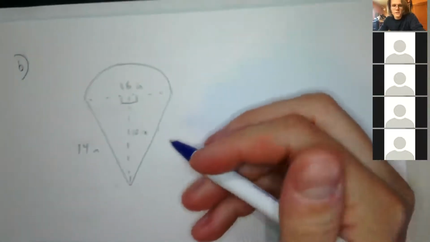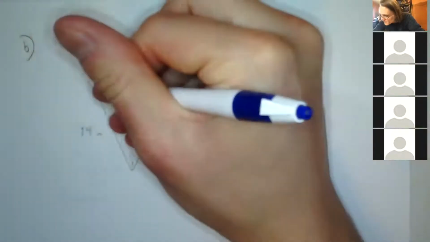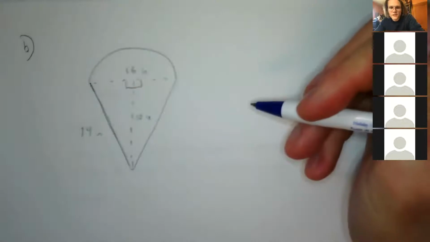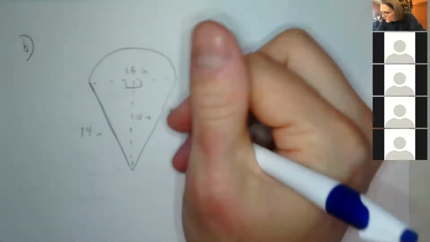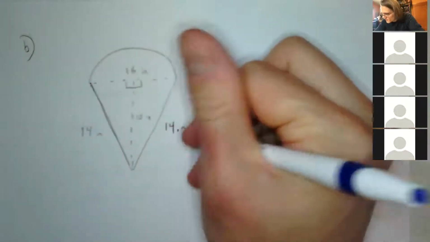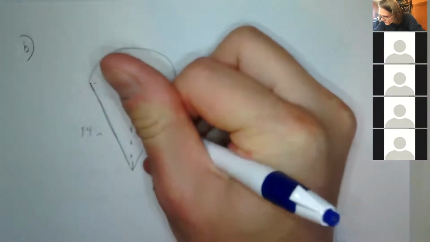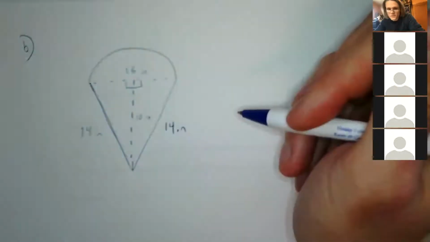And again, I think I'll just do B here. So it's a lovely ice cream cone. This side is 14. And we'll say it's symmetric. So this side, even though I didn't write it, we'll say it's also 14 inches. This time I have units. This dotted vertical line is 10 inches.